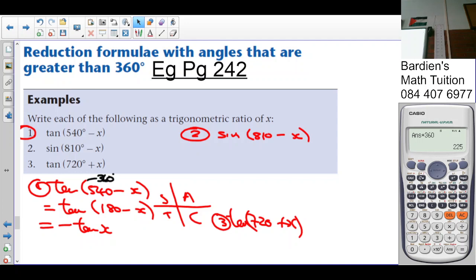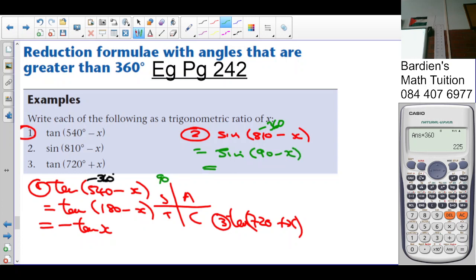Guys finished? Yes, okay. So number 2. If I subtract 360 from this, what do I get? 450. Which is over 360, not so? Let's subtract 360 again, what do we get? 90. So it's going to become sine of 90 minus x. Which quadrant is that in?